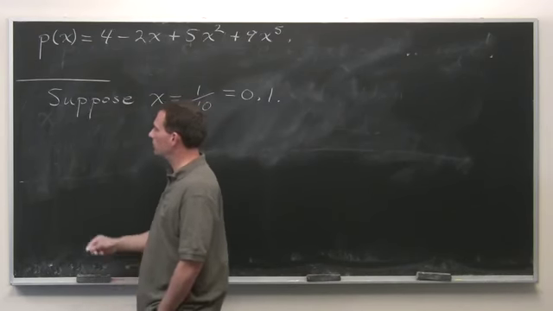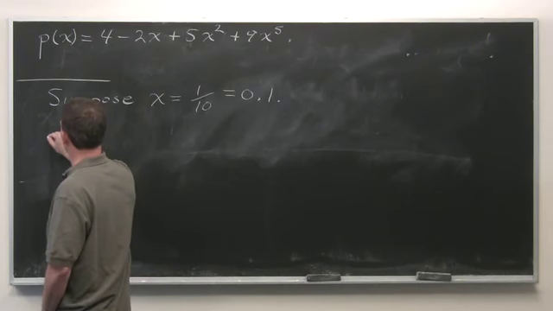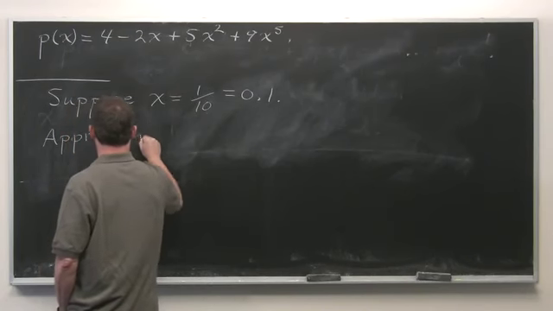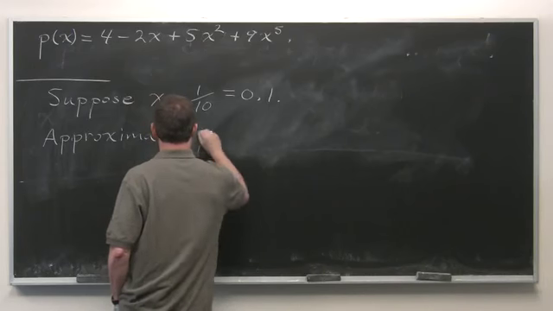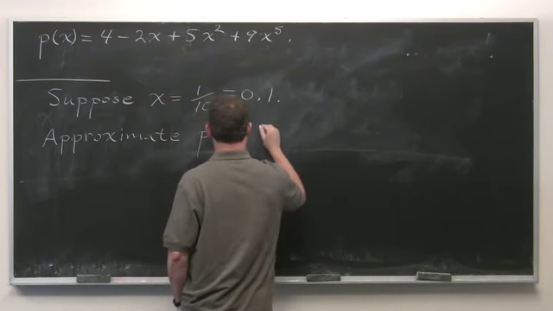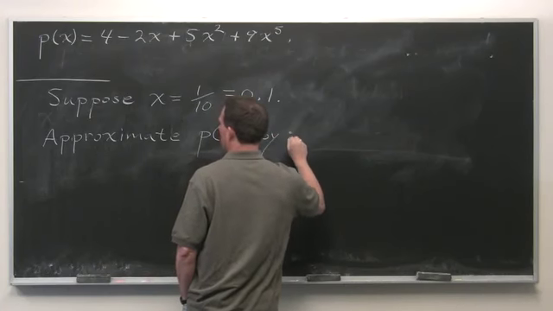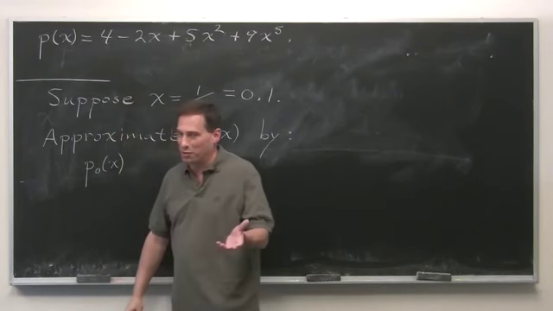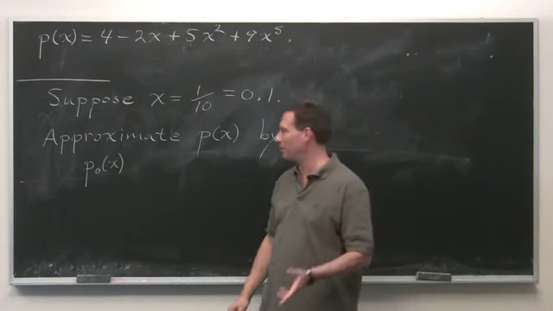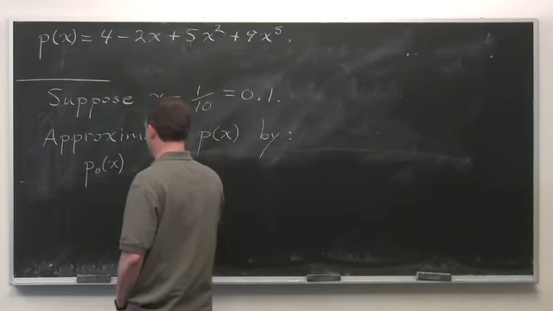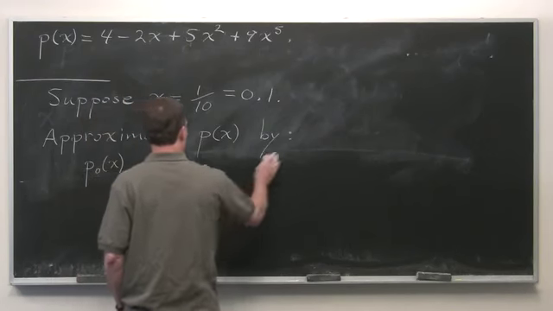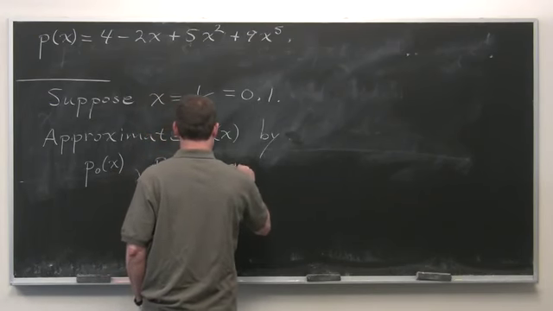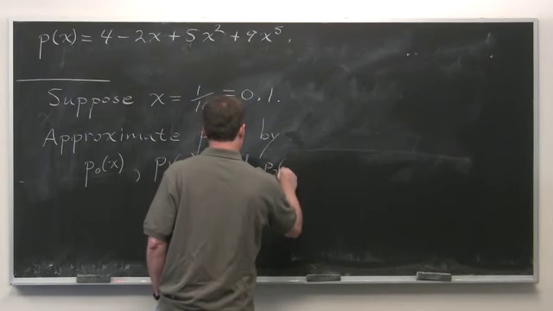Let's approximate p of x by just its 0th order partial sum. That's a constant approximation. That's not too exciting. By p0 of x, p1 of x, and p2 of x, and see what we get.